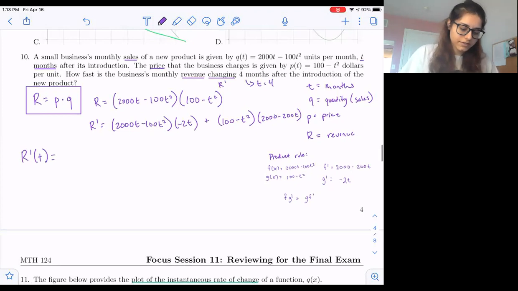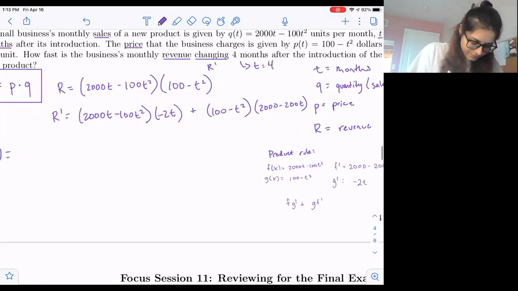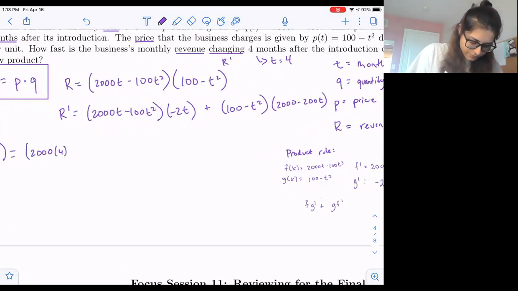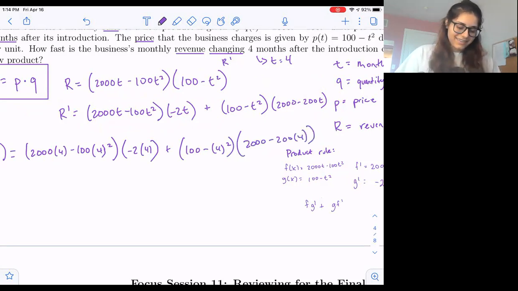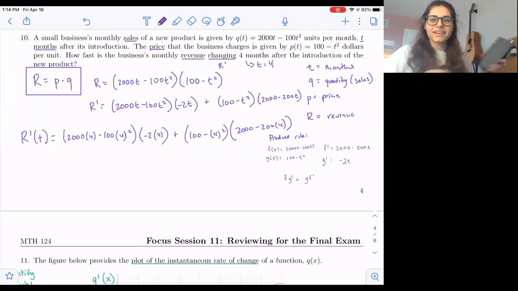I'm going to plug in 4 for T. All right, and then all of that later, we can plug into our calculators. So 2,000 times 4 minus 100 times 4 squared.